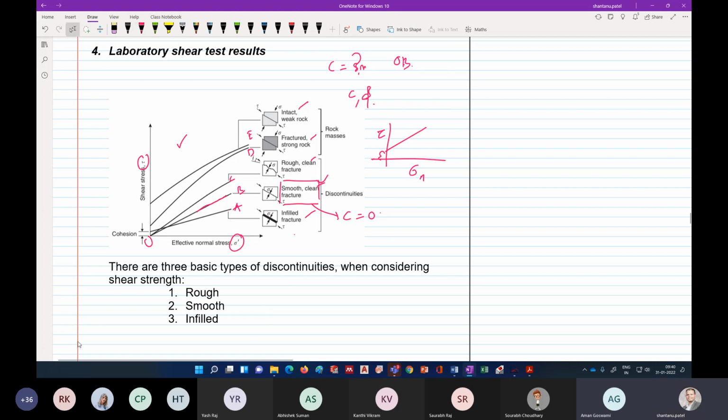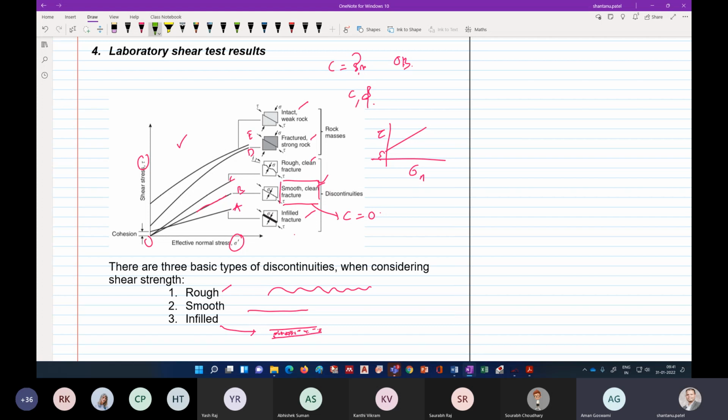So we have typically three types of discontinuity. One is rock. Rock means it is the wavy kind of thing. Second is smooth. Smooth is like the joint interface is almost horizontal, and then we have infield. If we have two joint surfaces, then we have some filling material here, infill.